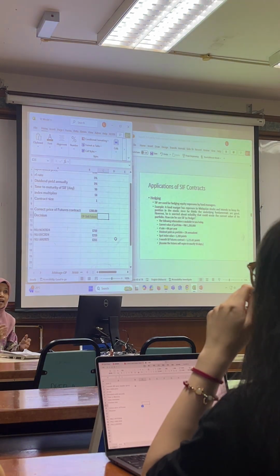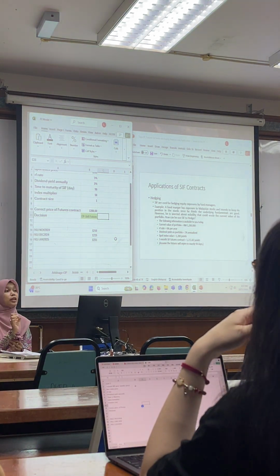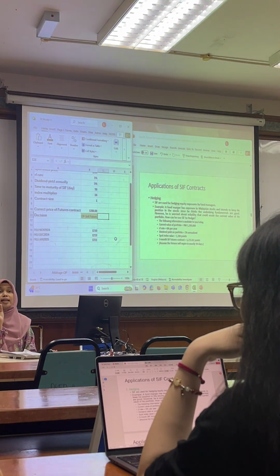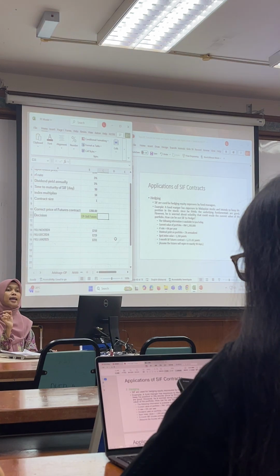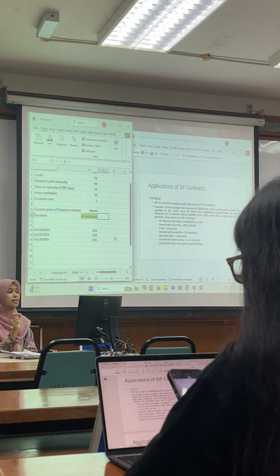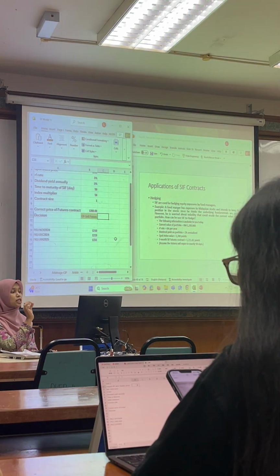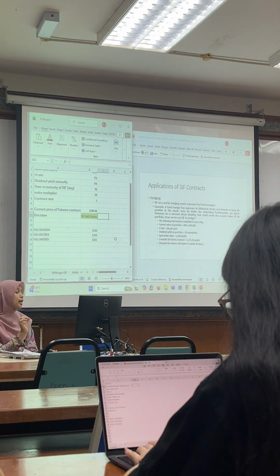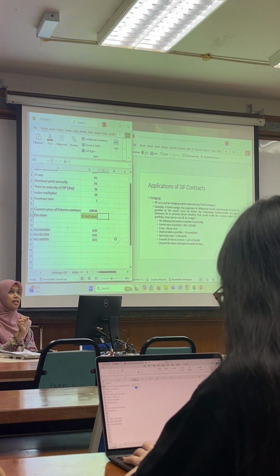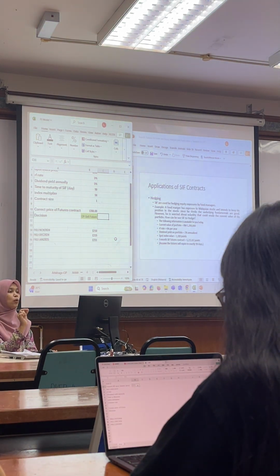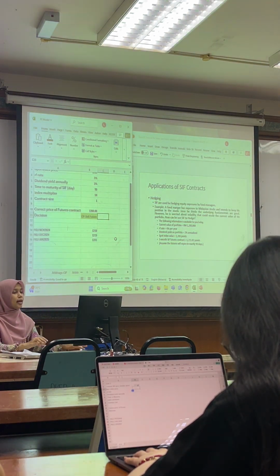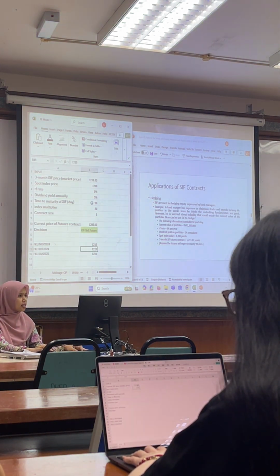You have to be familiar with the coding. FBM KLCI is for the index, and FKLI is for the future. FKLI stands for Futures Kuala Lumpur Index. FBM KLCI is the FTSE Bursa Malaysia Kuala Lumpur Composite Index. So that is the name. I hope that is clear.